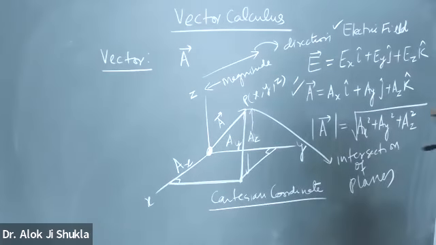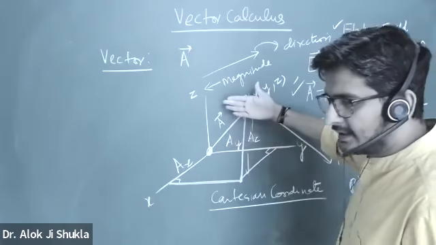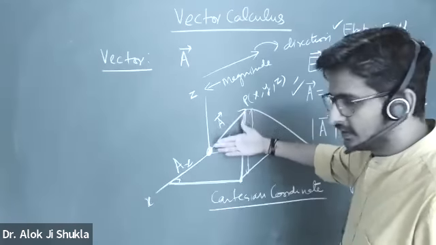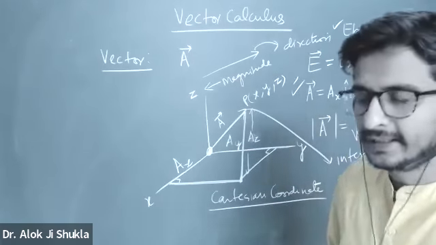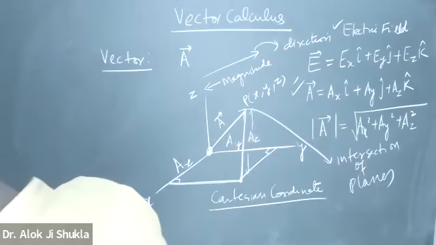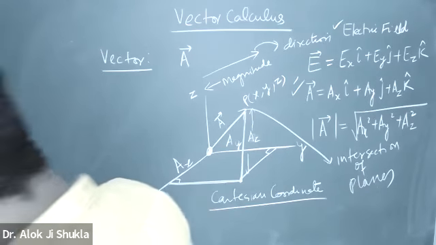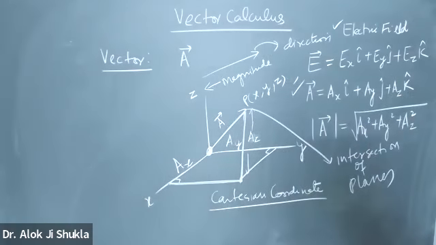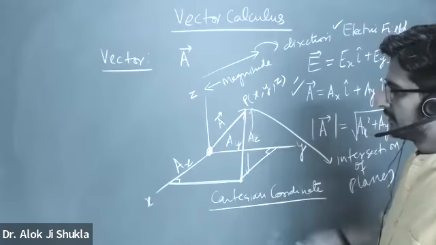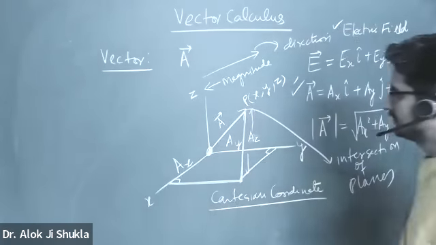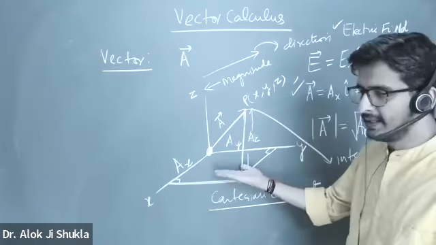So like, what is origin? Origin is x is equal to 0 plane, y is equal to 0 plane, and z is equal to 0 plane. So the origin is the intersection of the x is equal to 0 plane, which is the zy plane, the y is equal to 0 plane, which is the xz plane, and the z is equal to 0 plane, which is the xy plane.